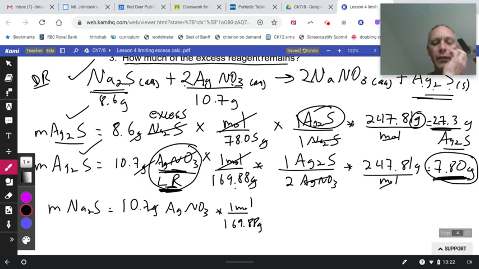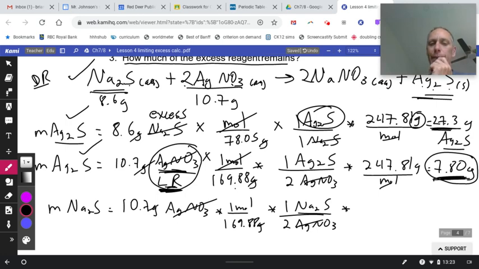Okay, so now this time we want to find the Na2S from our balanced equation. 1 mole of Na2S for every 2 moles of AgNO3. And the last thing we need is molar mass of Na2S, which is 78.05 grams per mole. So you plug all that in and you get 2.46 grams used up.